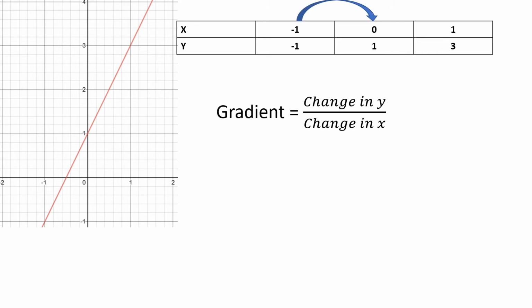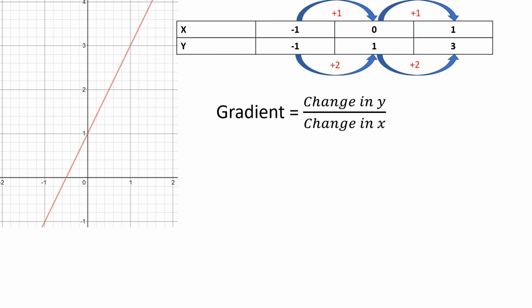Now if we have a look at our table, our change in x, we can see that from -1 to 0, that is a +1, and from 0 to 1, that is a +1. So our change in x is +1. If we have a look at our y, we can see that we go from -1 to 1, which is a change of +2, and then we go from 1 to 3, which is also a change of +2.